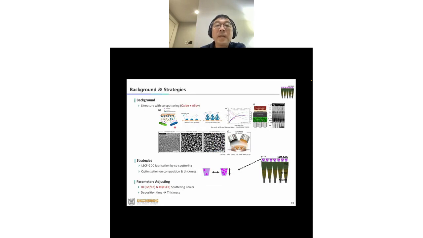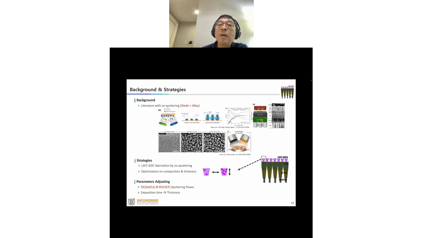There has been some reporting about co-sputtering. In this reference, an LSCF target and a zirconia YSZ target were co-sputtered, and it produced a beautiful columnar structure, which shows very high performance for the solid oxide fuel cell.